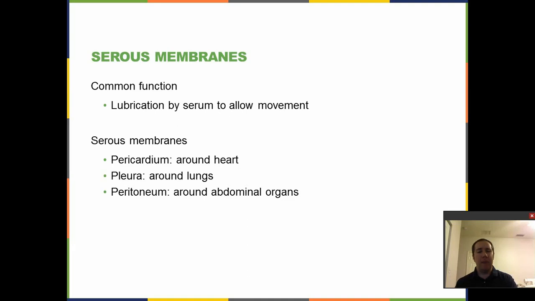The pericardium is the membrane around the heart. The pleural cavity contains the lungs. The pleura go around the lungs. Now, around the abdominal organs has a completely new name, the peritoneum. This is a serous membrane that goes around your intestines and everything else down in your abdomen.